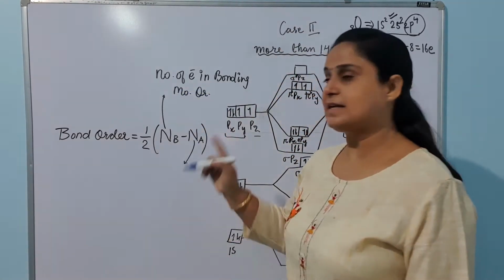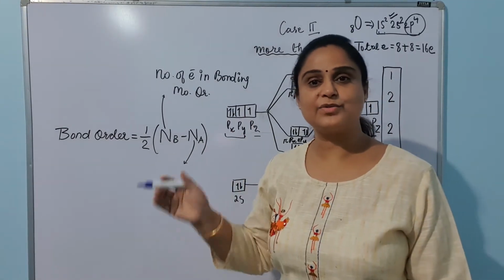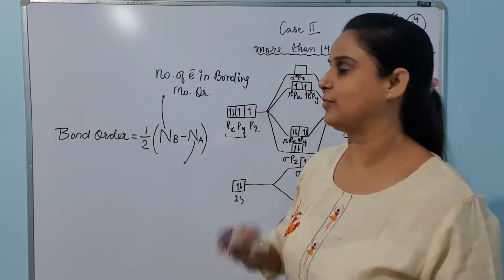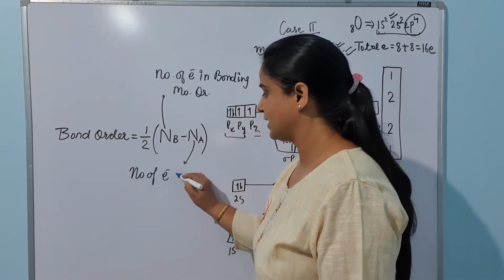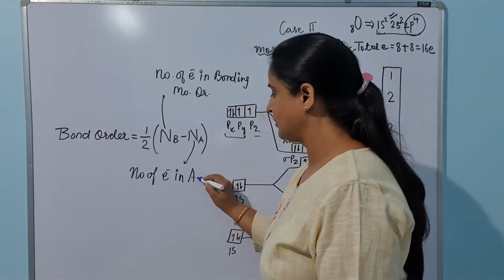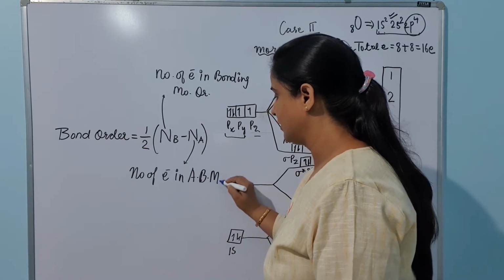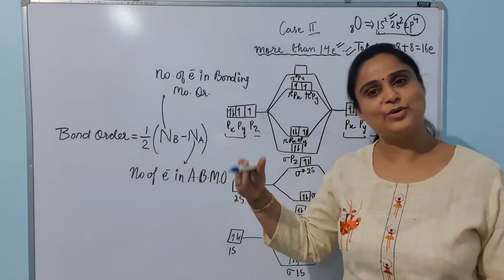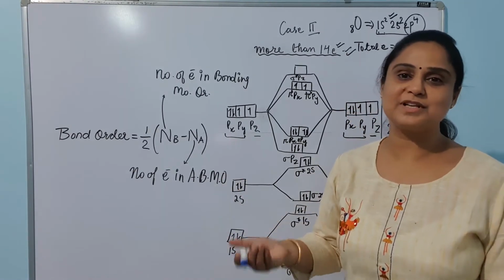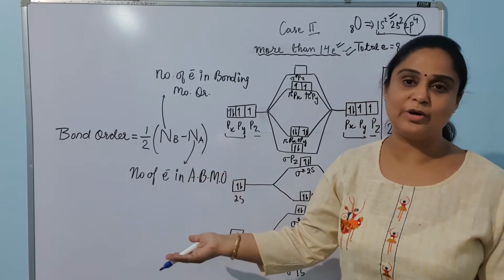Na means number of electrons in anti-bonding molecular orbitals. Once we know how to make the orbital diagram, we already know these things: how many electrons are there in the bonding orbital and anti-bonding orbital.